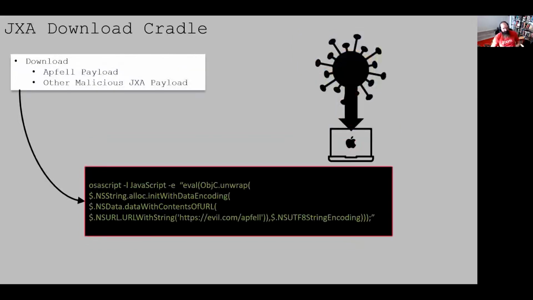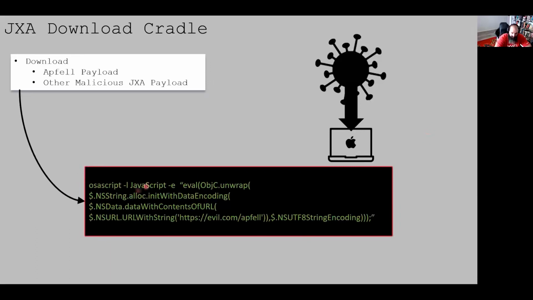And this is the JXA download cradle. You could put this one-liner into that script variable that we had in the very first example using the eval function in the OSA script node module. And yeah, it's really simple. Just put this in quotes.